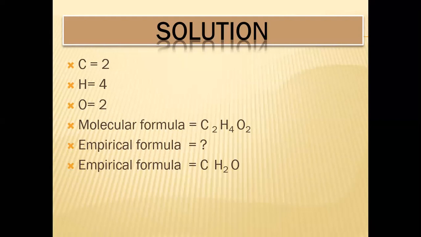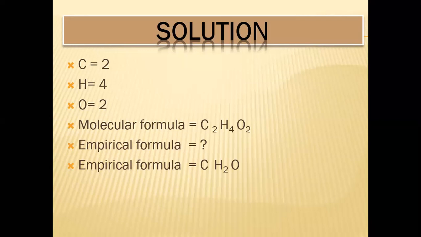Some important points. Number one is that different compounds can have the same empirical formula. Different compounds have different molecular formulas, because the molecular formula is the identity of a molecular compound. But different compounds can have the same empirical formula, because it is the simplified formula. For example, I have given you glucose and acetic acid.